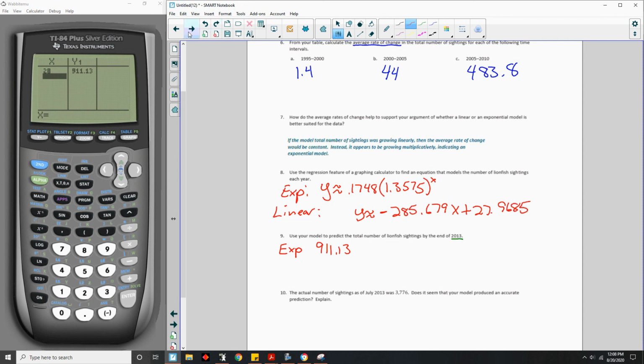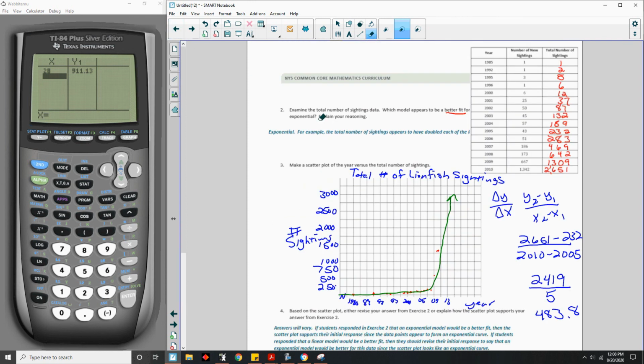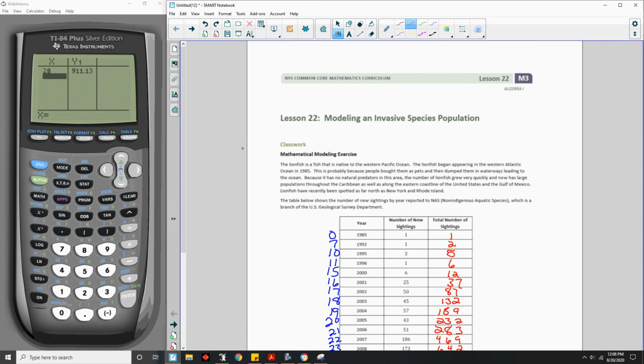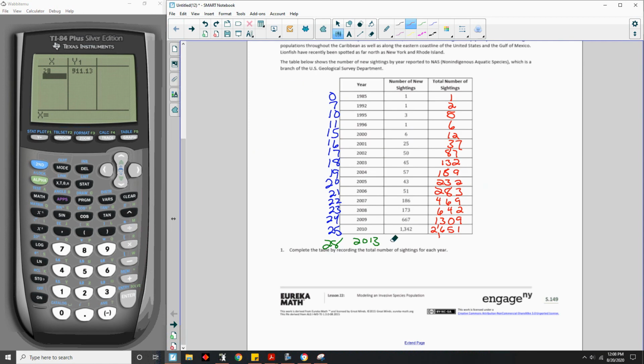Oh, okay, so we want to add that 911 to what we've already counted. So the 911 would be right here. So let's just go back to the original. And then when I come down here, we're going to put 911 here. And then add these up.